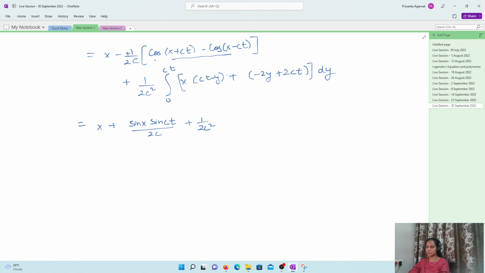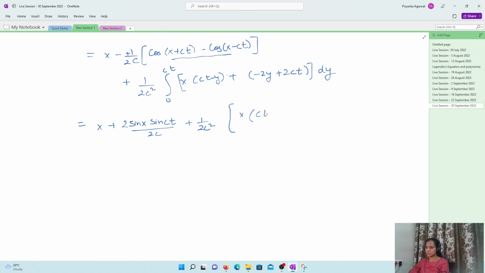Then cos a cos b minus sin a sin b, minus cos a cos b plus sin a sin b; minus minus becomes plus, and then what we have is 2 sin a sin b over 2c plus 1 by 2c square.